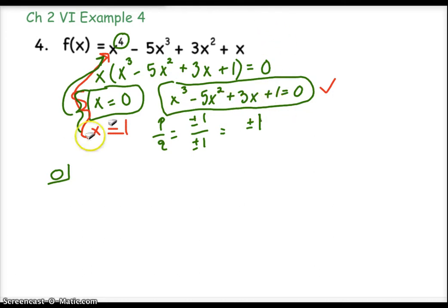So let's take that degree 3 polynomial and synthetically divide it by 1. Aren't you glad I caught that now so you didn't have to listen to all of that? The coefficients of the degree 3 polynomial are 1, -5, 3, and 1.